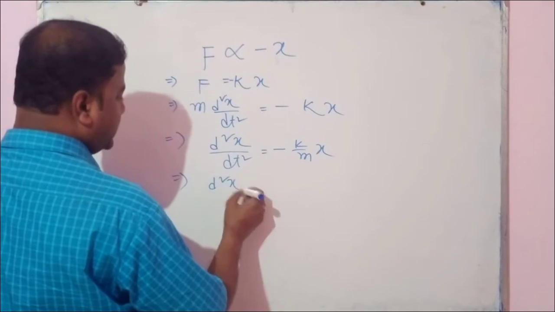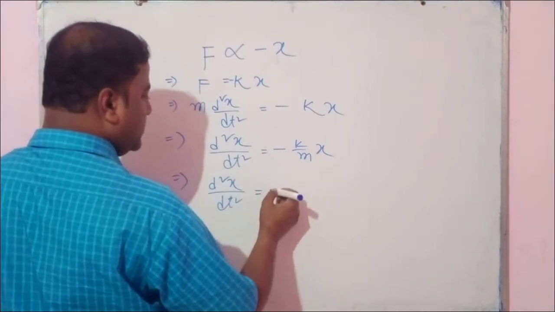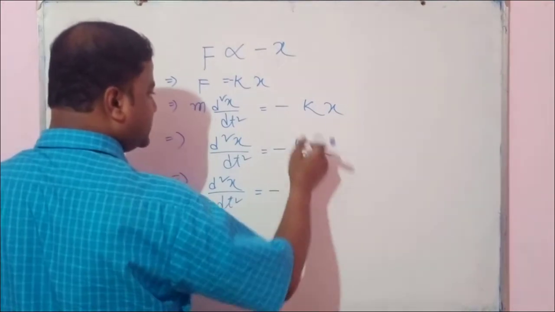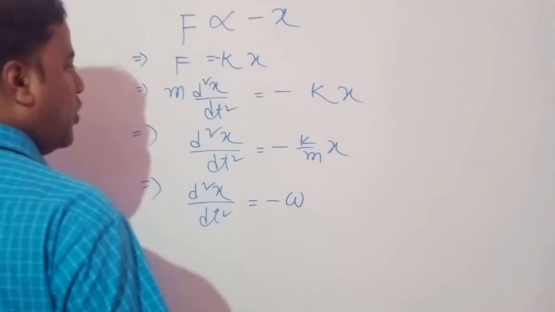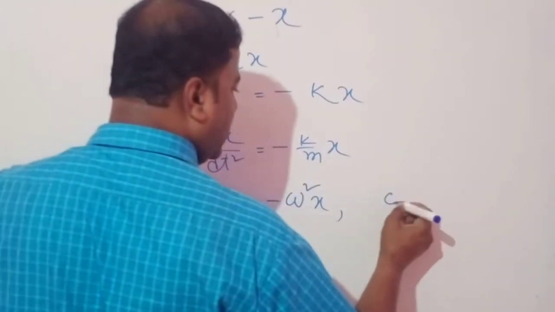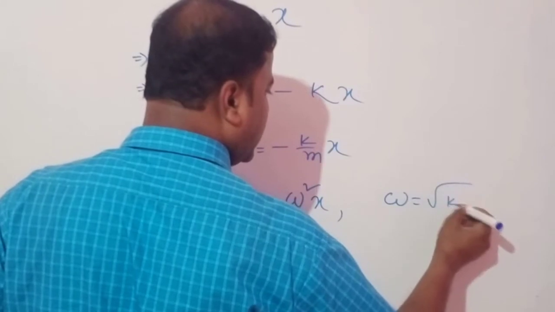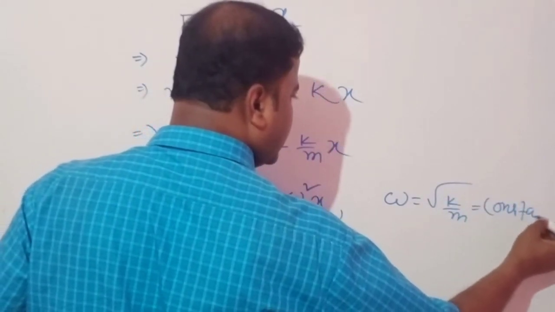We take this constant k by m as another constant which is called omega square. Here omega equal to under root k by m equal to a constant.